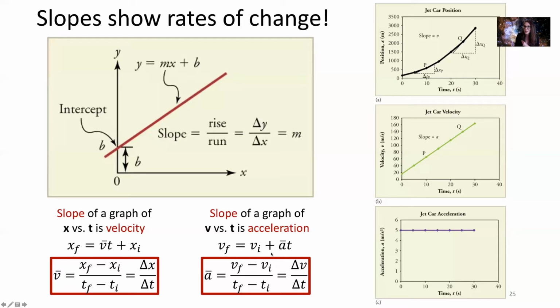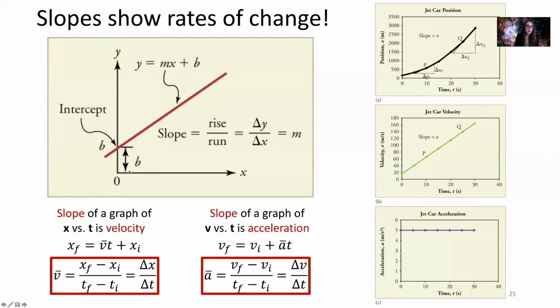And we can always rearrange that to show that acceleration is equal to the change in velocity over the change in time. So the slope of a velocity versus time graph, like what we just looked at, would give us our acceleration. Similarly, the slope of a graph of position versus time is velocity.